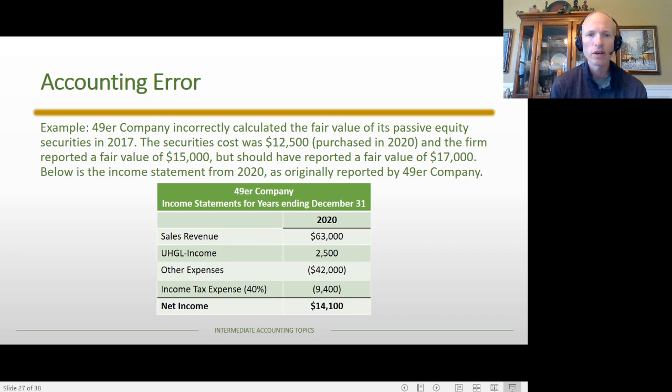And so they had sales revenue, they had an unrealized holding gain from this passive investment of $2,500, other expenses, and in this case we are not going to ignore income tax effects, and so this does get a bit more complicated. And so we do have an income tax expense of $9,400 for net income of $14,100. So that's the information as it was originally reported.